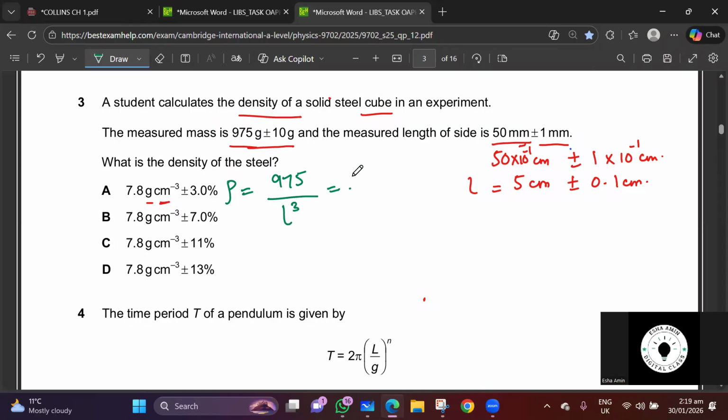So this will be 975 over 125. When you calculate it, that will be 7.8 gram per centimeter cube. Right, so this is the density.